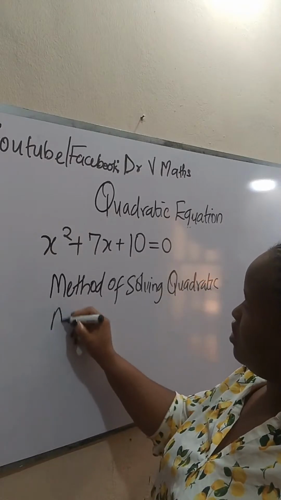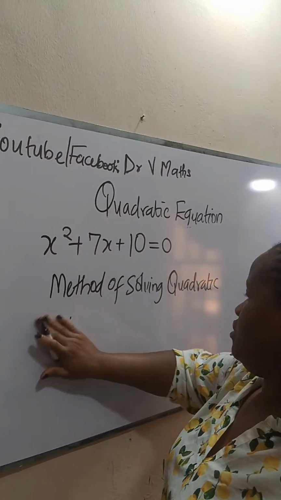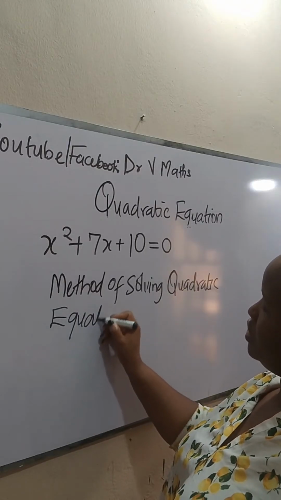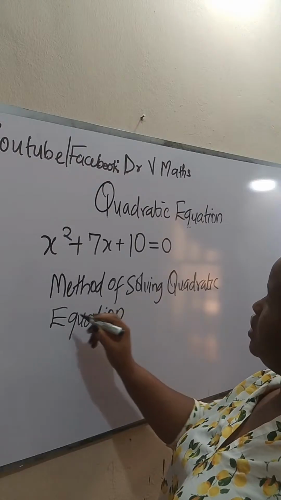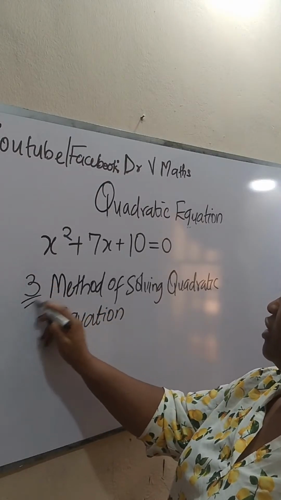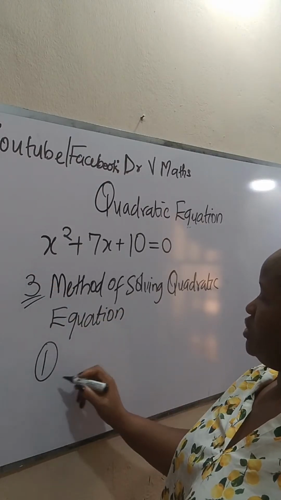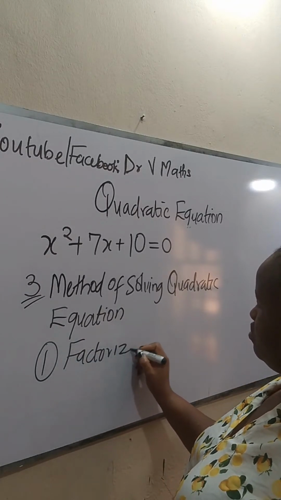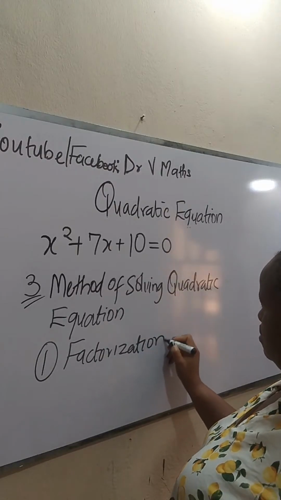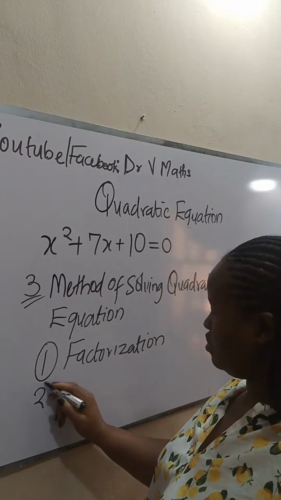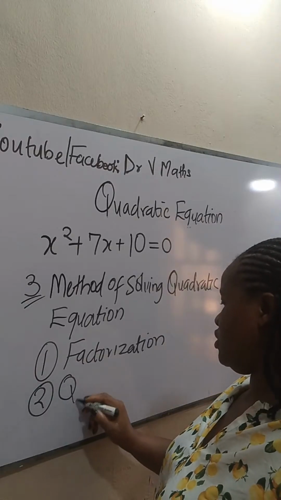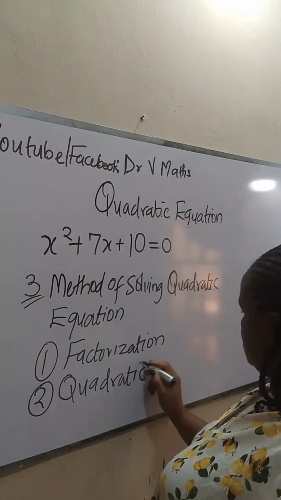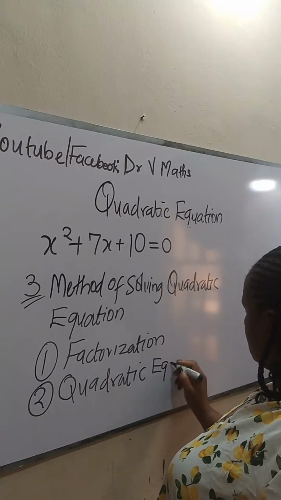We have 3 methods of solving quadratic equations. I'm going to list the 3 methods, then I will be solving each one. The first one is the factorization method. The second one is the quadratic formula.